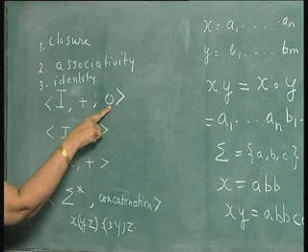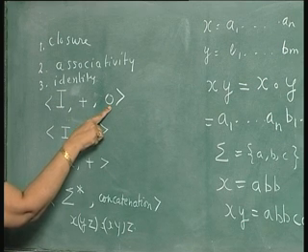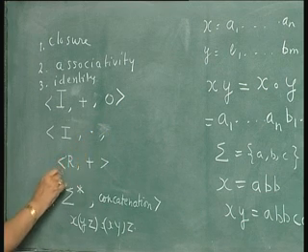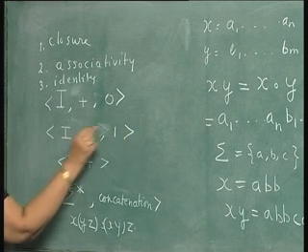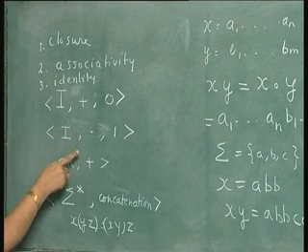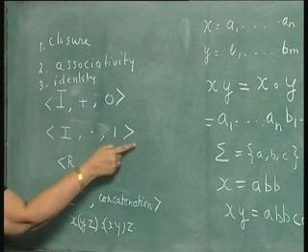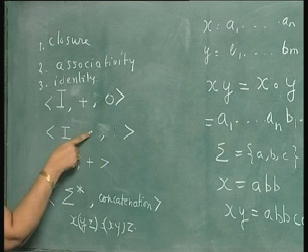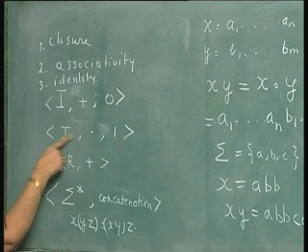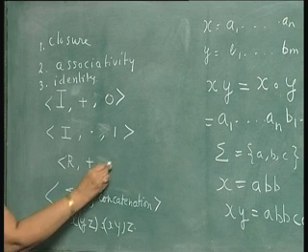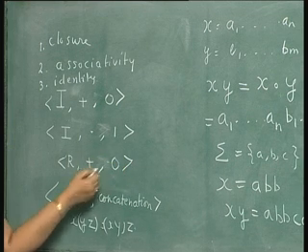X plus 0 is equal to x, and 0 plus x is also x. Similarly, in this case, when you have multiplication, if you take 1, the associative property holds, closure property obviously holds. Then x dot 1 is equal to x and 1 dot x is equal to x. 1 is an identity element with respect to multiplication operation. So, this is also a monoid. Similarly, R plus 0 is also a monoid.